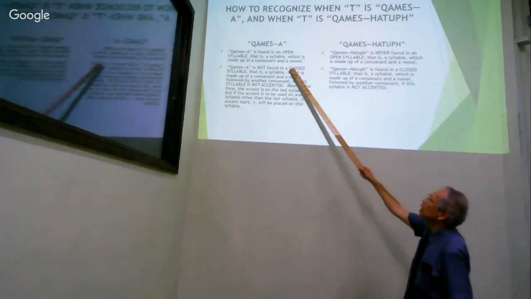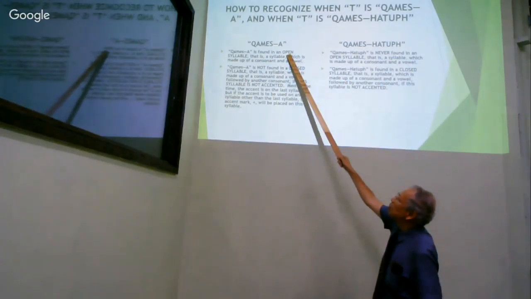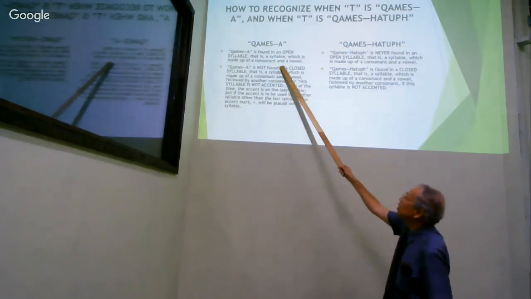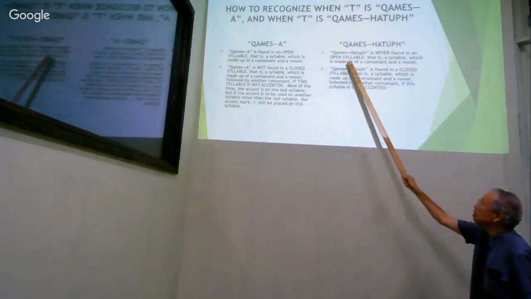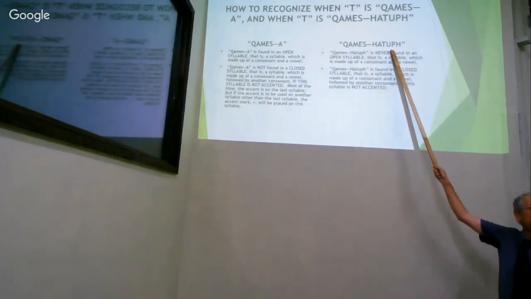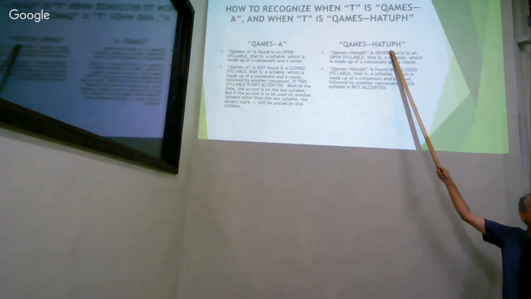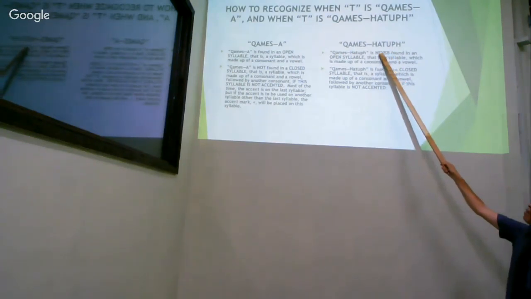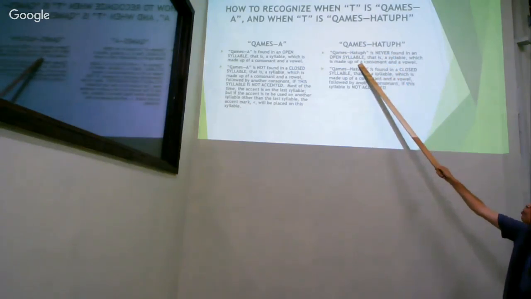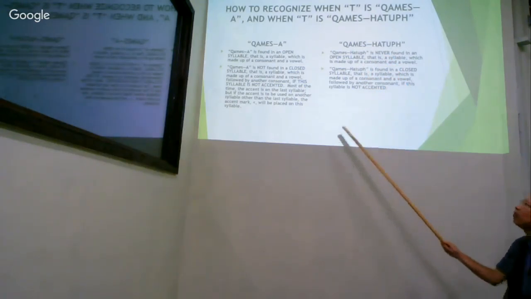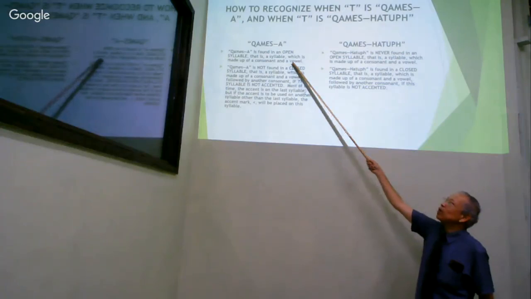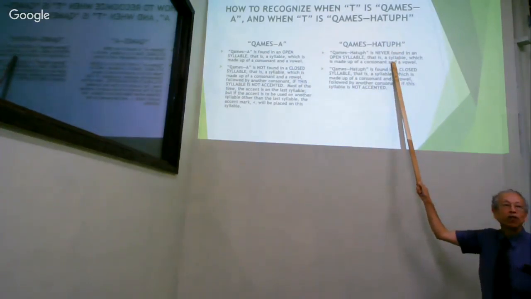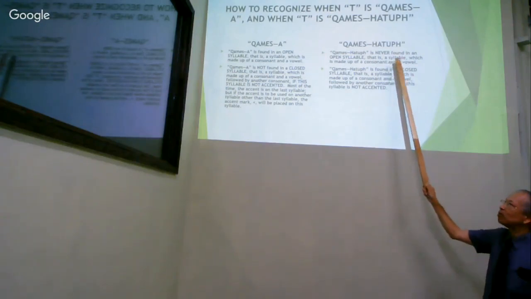So Qames-A is found in an open syllable, but Qames-Hatuph, that short O sound, up, is never found in an open syllable.